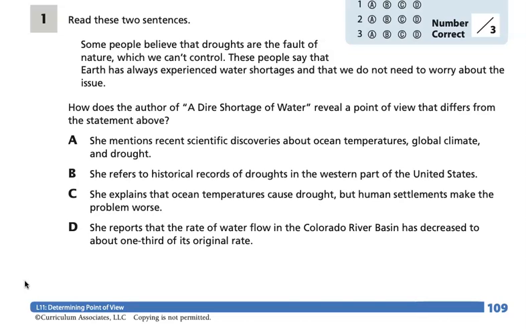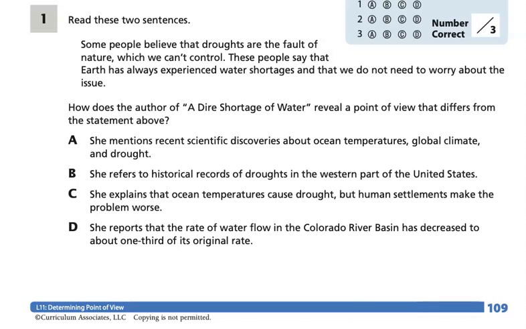Question 1. Read these 2 sentences. Some people believe that droughts are the fault of nature, which we can't control. These people say that Earth has always experienced water shortages and that we do not need to worry about the issue. How does the author of A Dire Shortage of Water reveal a point of view that differs from the statement above? A. She mentions recent scientific discoveries about ocean temperatures, global climate, and drought.